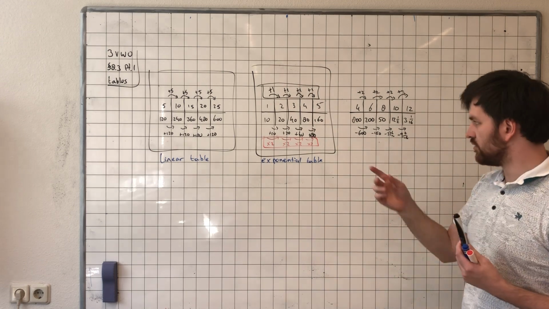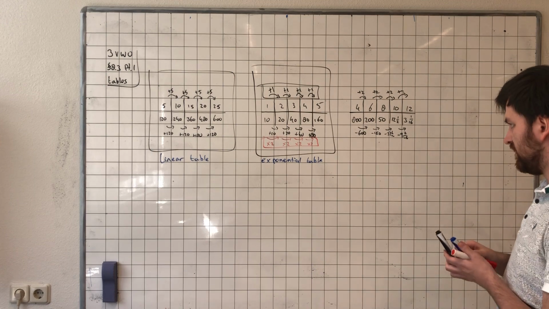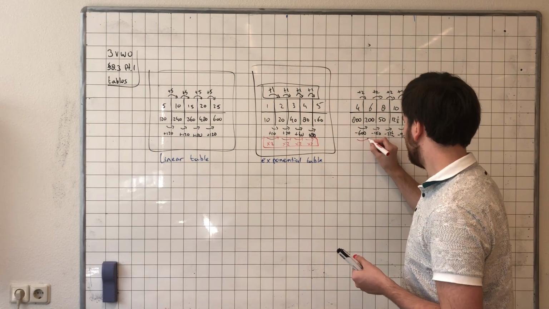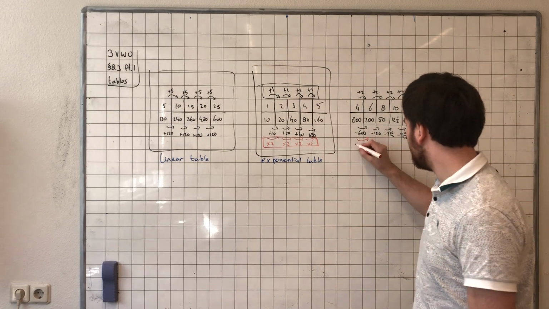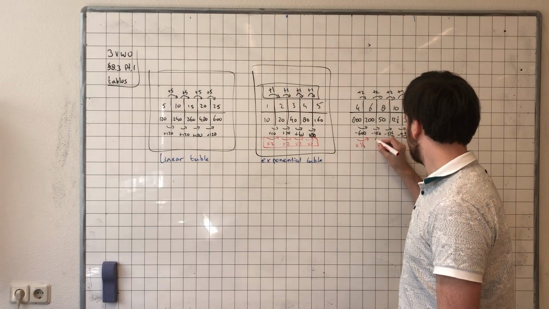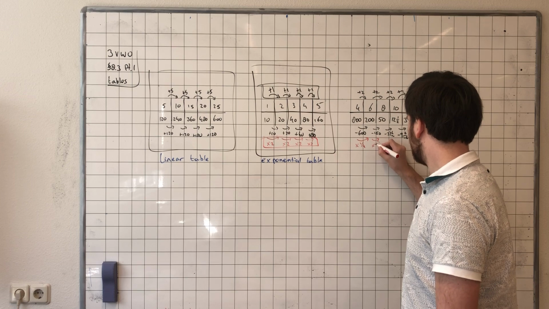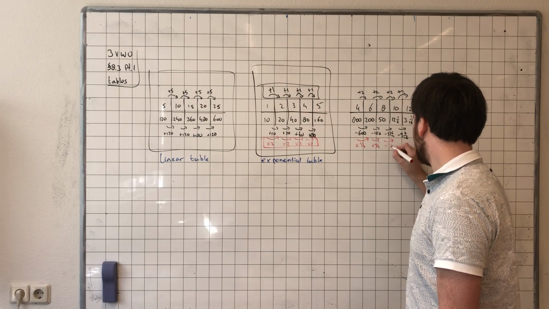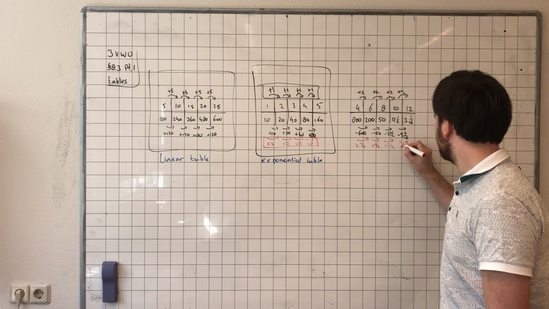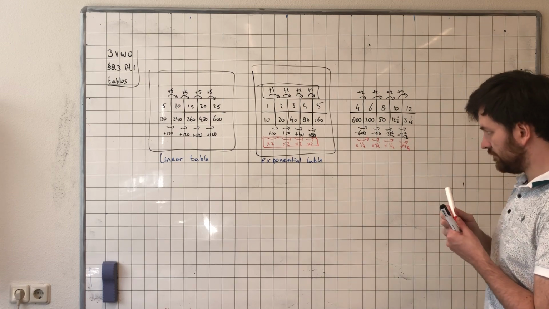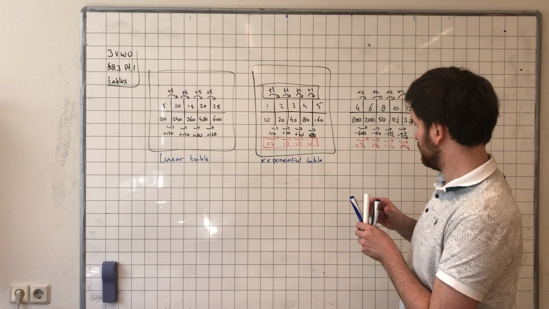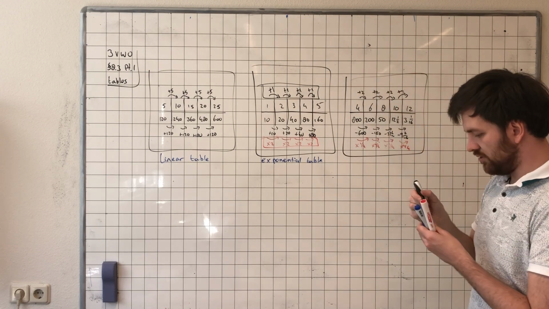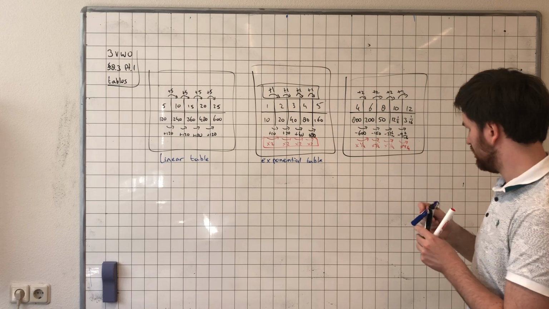So once again, there's something going on at the bottom. So what is actually going on? We're dividing by 4, or in other words, we're multiplying by a quarter, times a quarter. Because multiplying by 1 over 4 is the same as dividing by 4. So once again, this thing over here is also an exponential table.